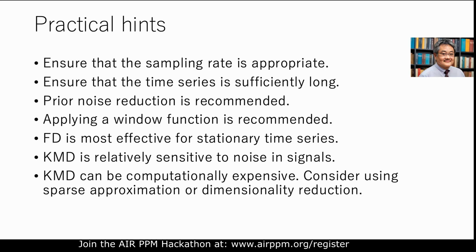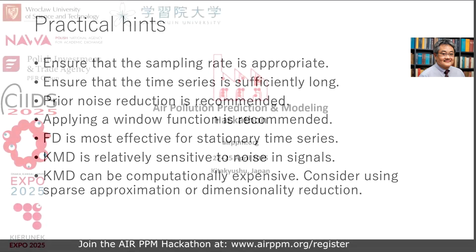FD is most effective for stationary time series, while KMD tends to be more sensitive to noise. KMD can also be computationally expensive, especially for large datasets. To improve efficiency, consider using methods such as sparse approximation and dimensionality reduction.